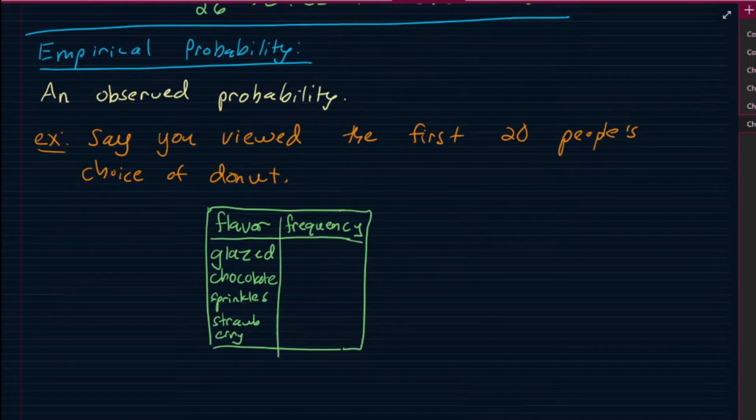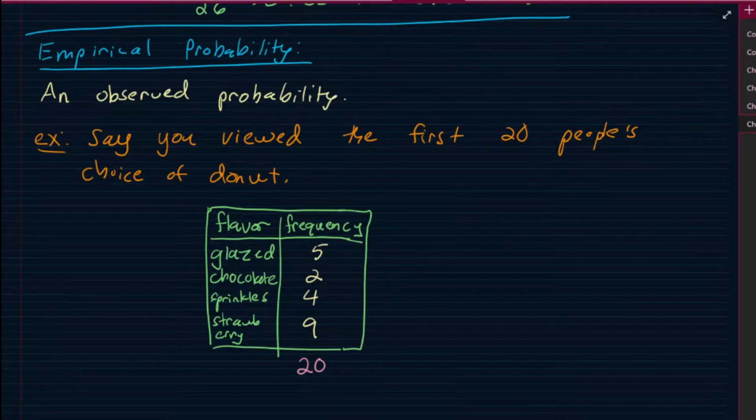And we noticed that 5 people got glazed, 2 got chocolate, 4 got sprinkles, and 9 got strawberry. As you may notice here, the sum of the frequencies has to add up to the number in the sample, and it does here. If you add these up, it is 20.